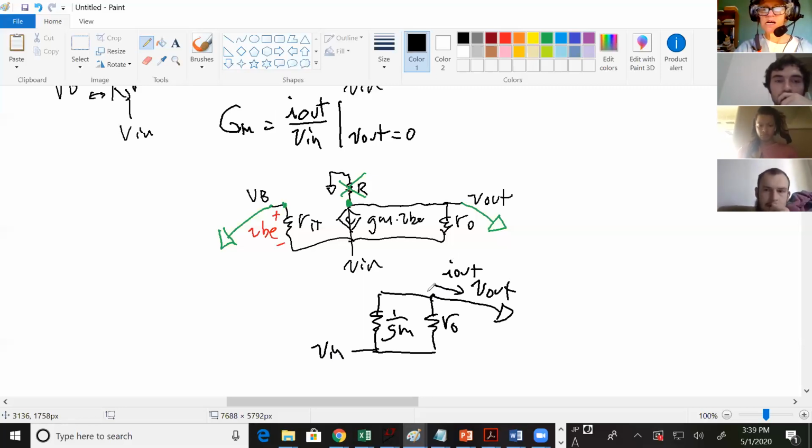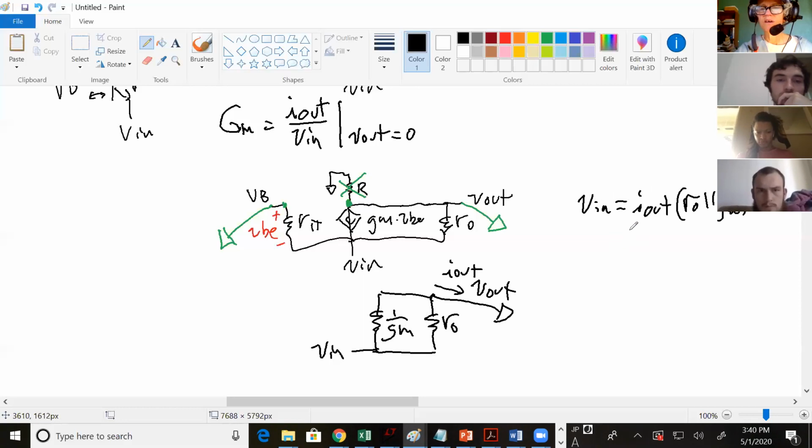So you're looking for I out over V in. Let's go step by step. V equals IR, so V in equals I out times these two resistors in parallel.